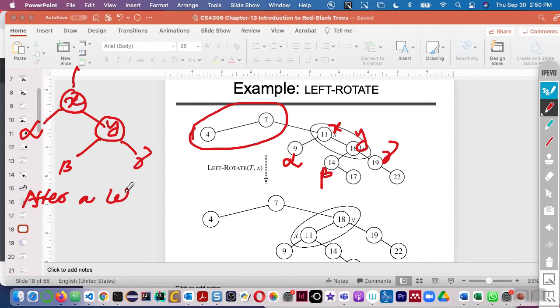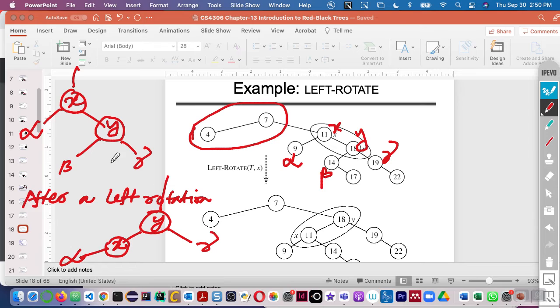After a left rotation, we got y, right? And x came here, and then x has alpha, and y has gamma. And the problem is with beta, right?